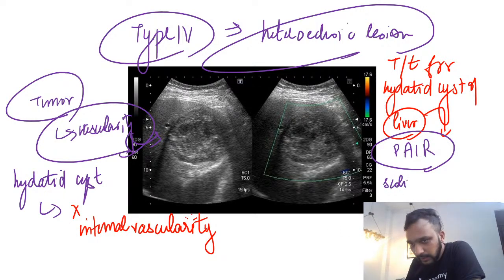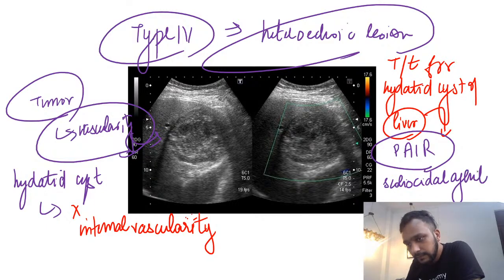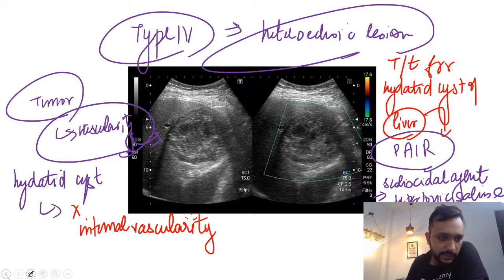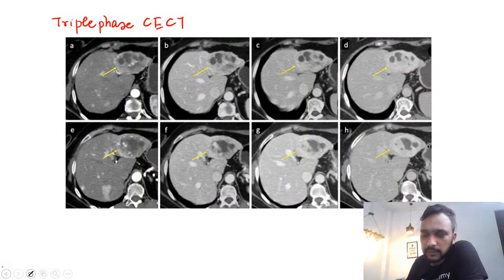What is this scolicidal agent that we are going to use? Anyone? Okay, we are going to use hypertonic saline, right? So these are few points about the hydatid cyst.